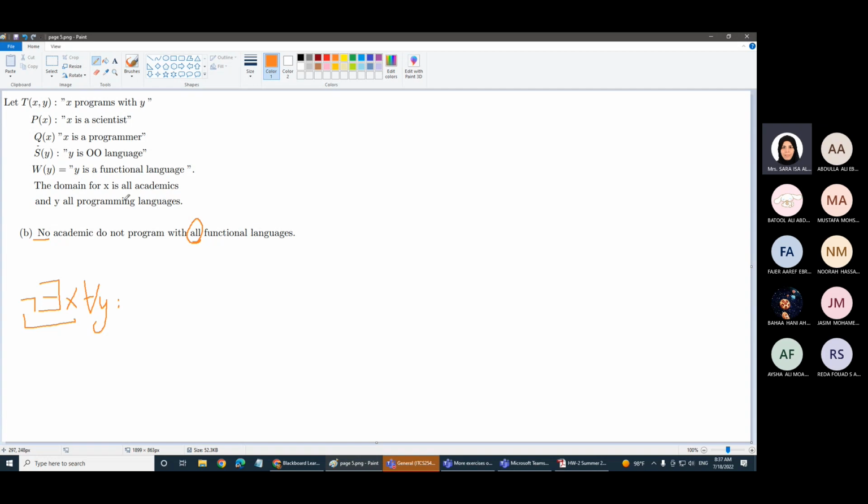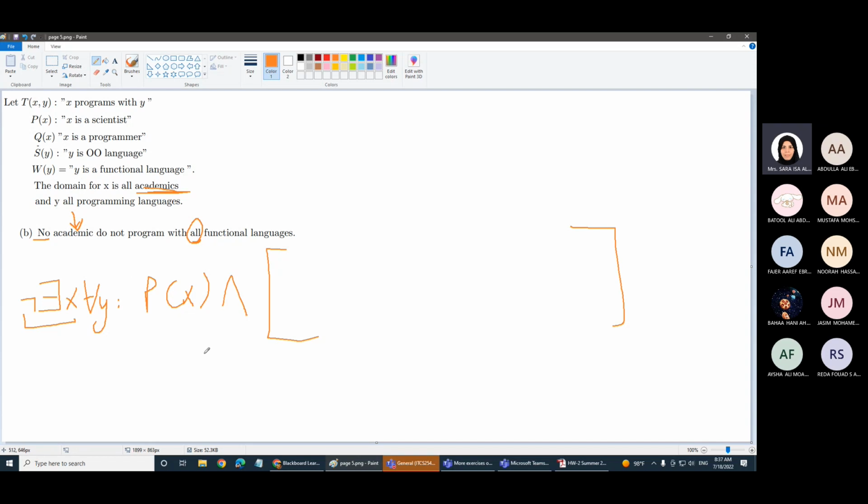Okay. Now here academic is the domain itself, so there is no adjective. But if it said no scientist, I would have to write BX here and a big parenthesis. But actually they said no academic, which means there is no adjective.